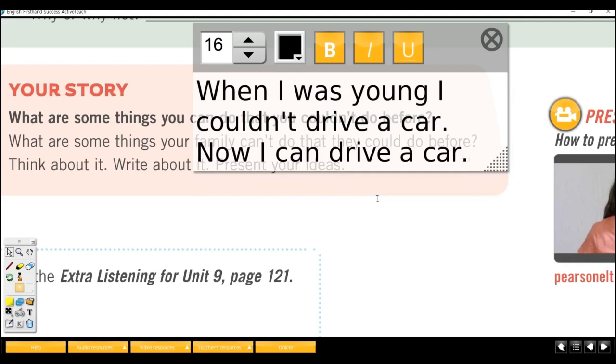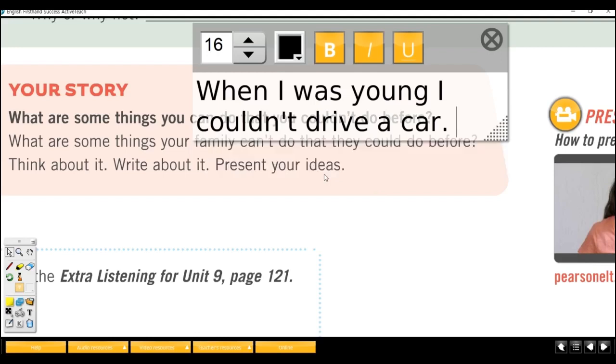Okay. When I was young, I couldn't drive a car, and now I can drive a car. Maybe when I was young, I couldn't travel, something like that.